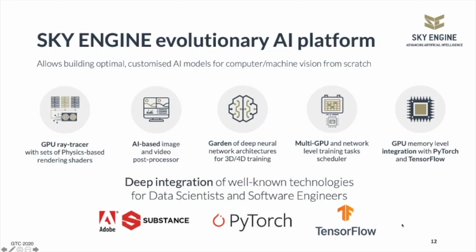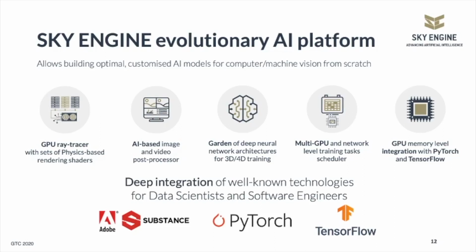But what exactly do we have in SkyEngine? At the heart of our system, there is a GPU-based ray tracing engine, which is built on top of the Nvidia OptiX library, a super efficient one. We also have a set of tools dedicated to domain adaptation and style transfer to guide the rendering process.